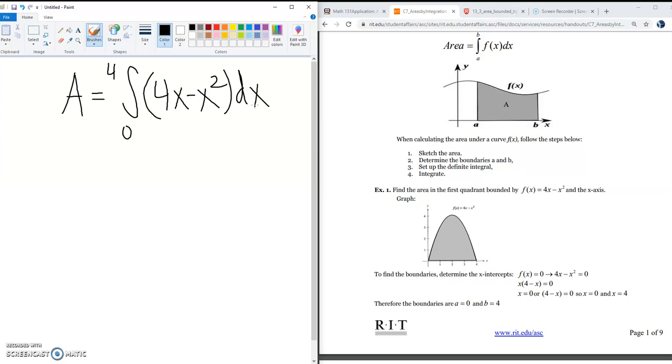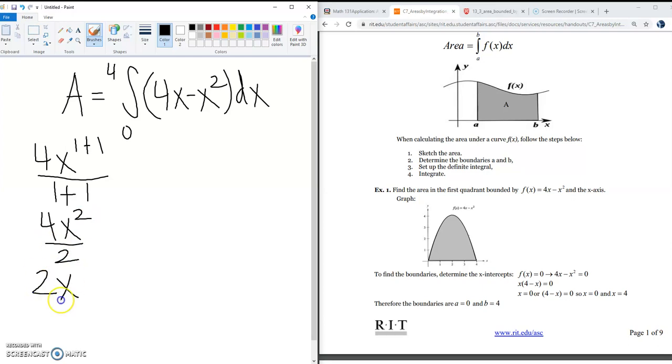Well, here we can just undo the power rule, and instead of subtracting 1 from the original exponent, you add 1 to it. So our first term would be 4x to the 1 plus 1 over 1 plus 1, or that's 4x squared over 2. And that reduces to 2x squared.